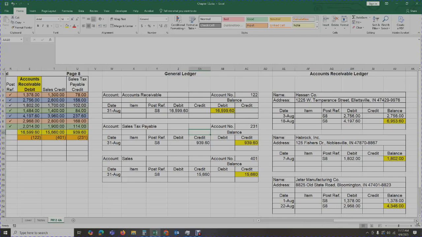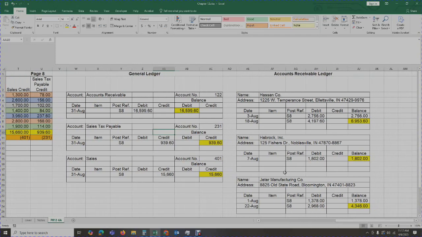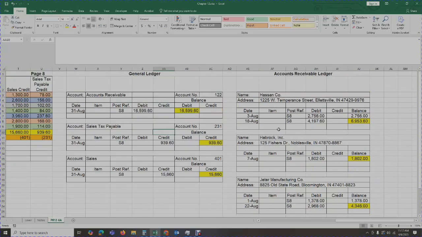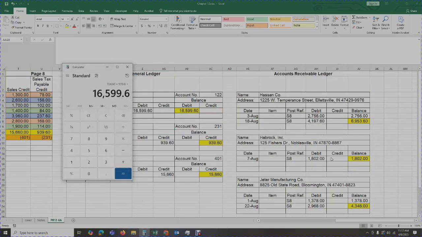So now we've broken it up by customer. We have who we sold it to and how much each of these owes us. If we tally up the total from my accounts receivable ledger, it should balance to the $16,599.60 on your general ledger for accounts receivable. So let's add it up.